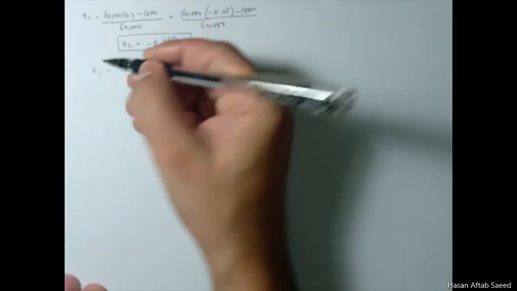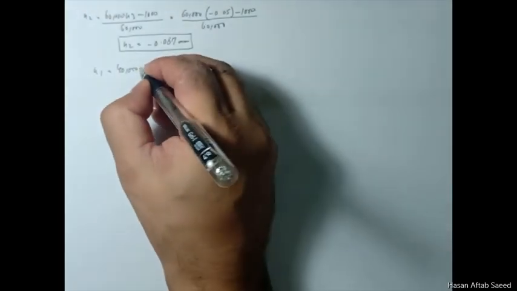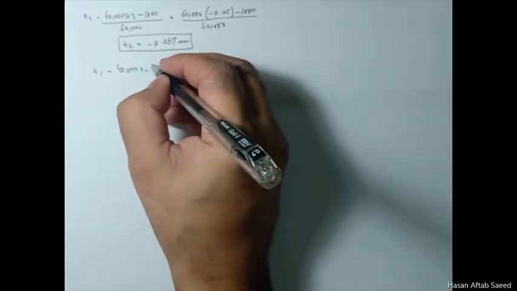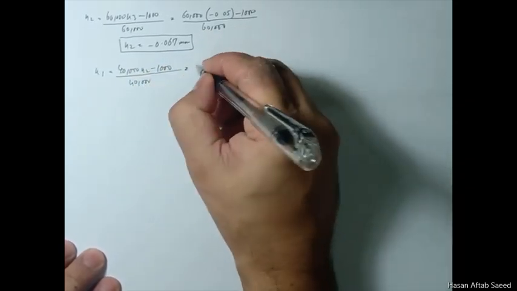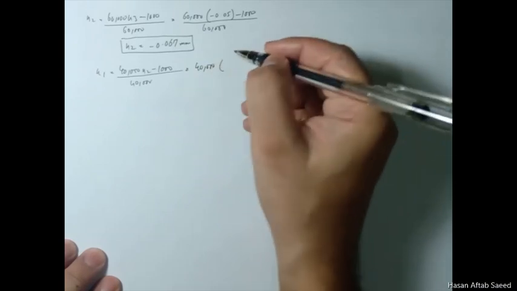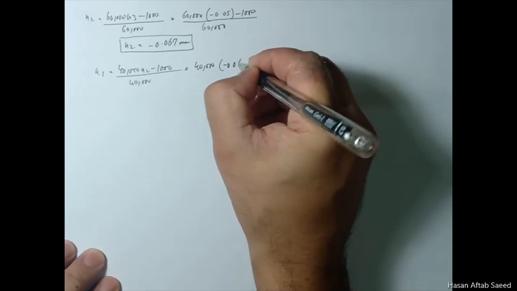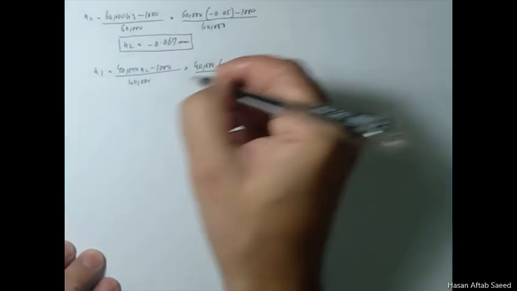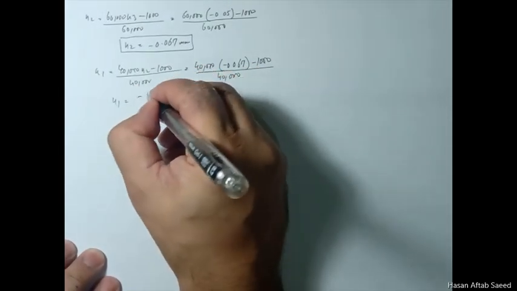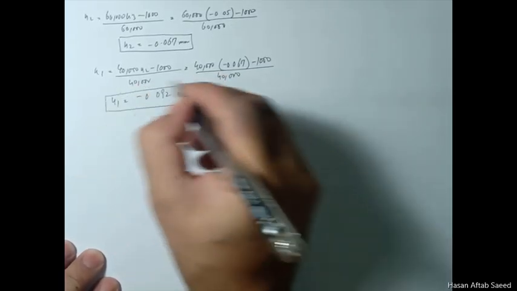Now it's simply a matter of plugging in the values. 40,000 u2 minus 1,000 over 40,000, 40,000 into minus 0.067 minus 1,000 over 40,000, which turns out to be this one.